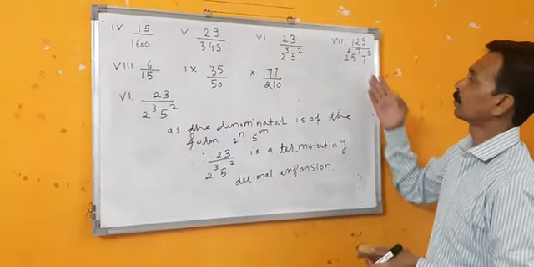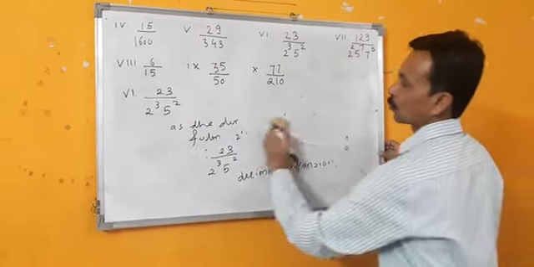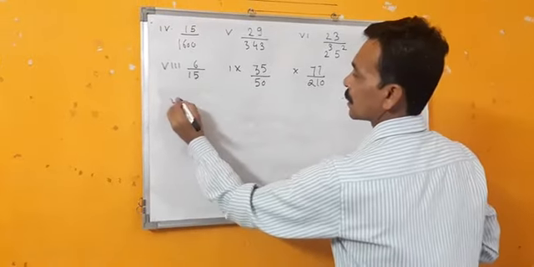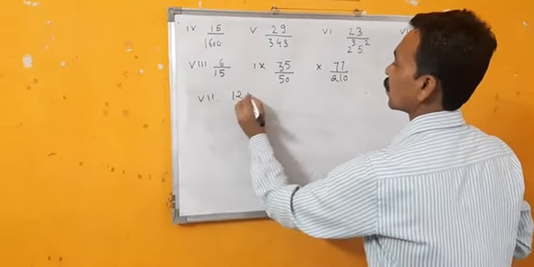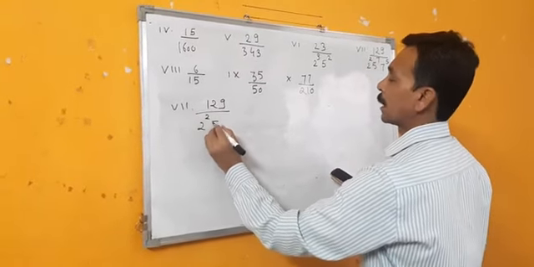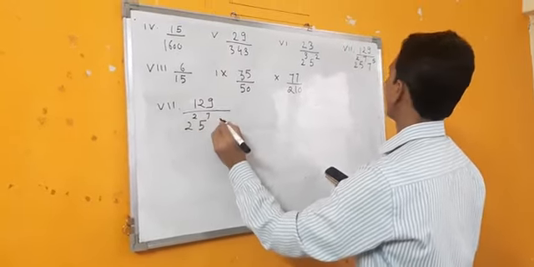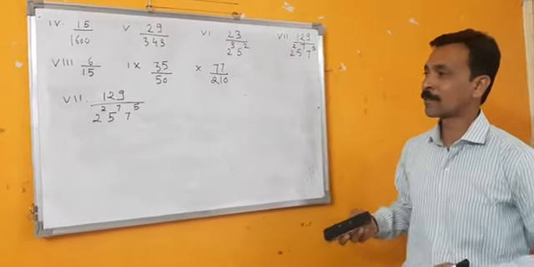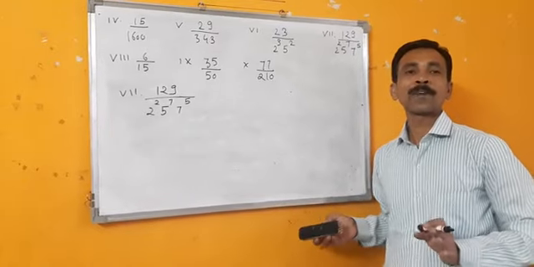The next sum, 7th sum. 7th I will write here. This 7th sum is 129 upon 2 raised to 2 into 5 raised to 7 into 7 raised to 5. Here also if you see, denominator is already factorized.